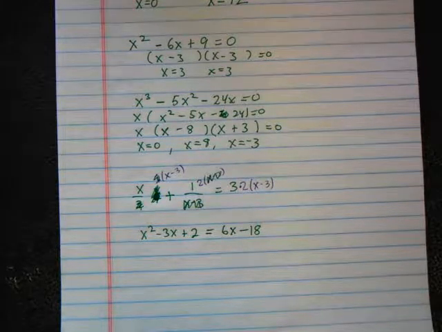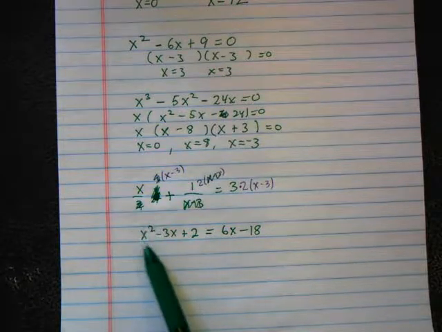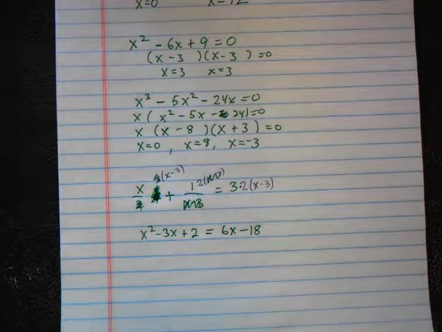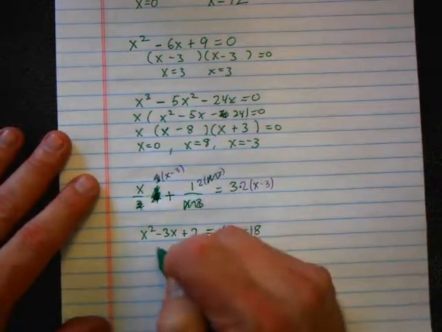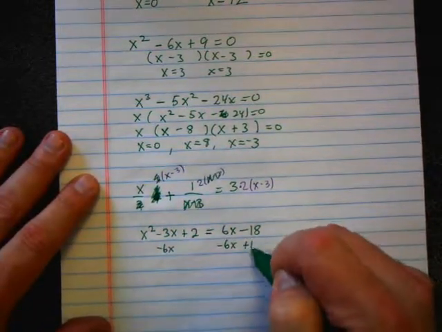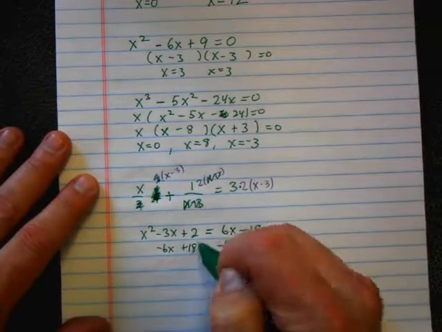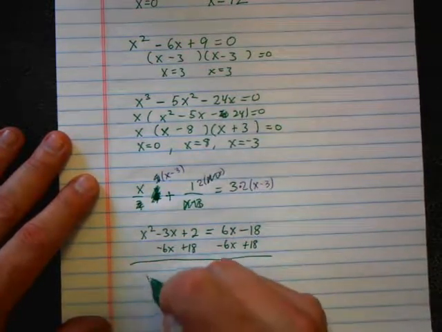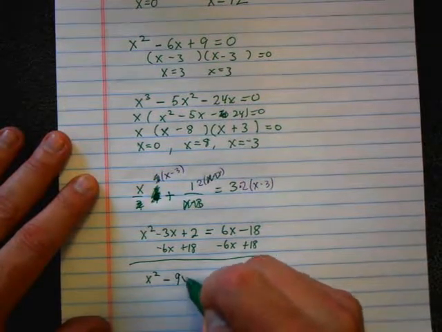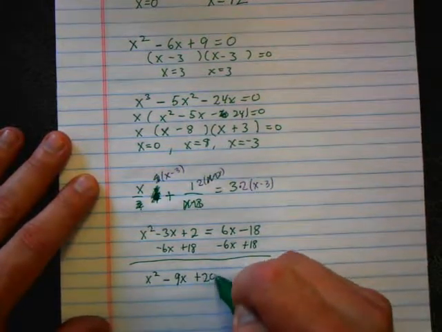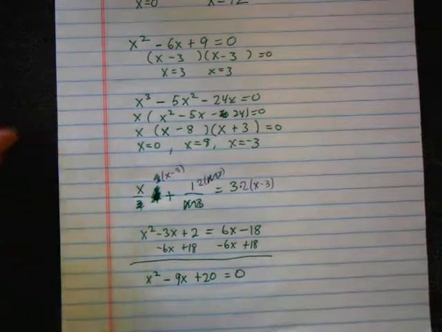Now we go into this is nonlinear mode because it has an x squared. So what am I going to do? Get everything on one side, which tells me subtract 6x, add 18. x squared minus 9x plus 20 equals 0.